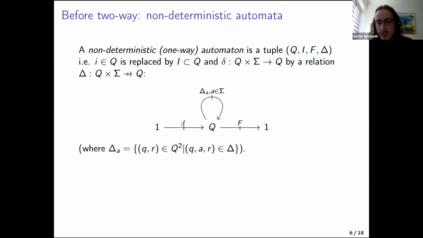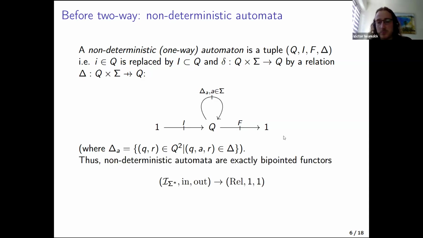And therefore, you can have the information of the initial state and the accepting states here. So we have also this equivalence between bipointed functors and automata. But we have to go into the category of sets and relations instead of the category of sets and functions.